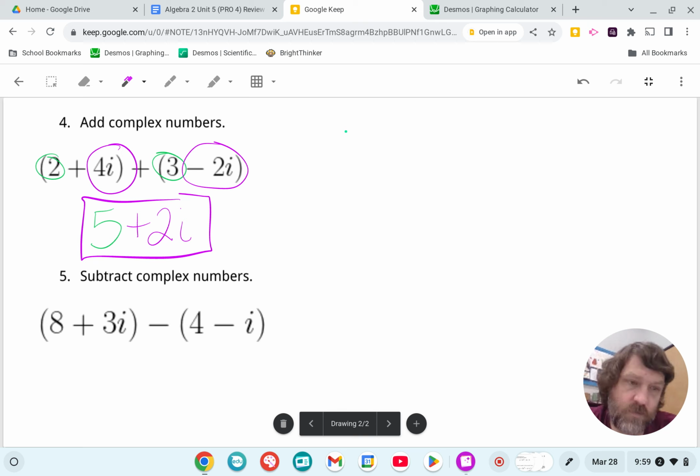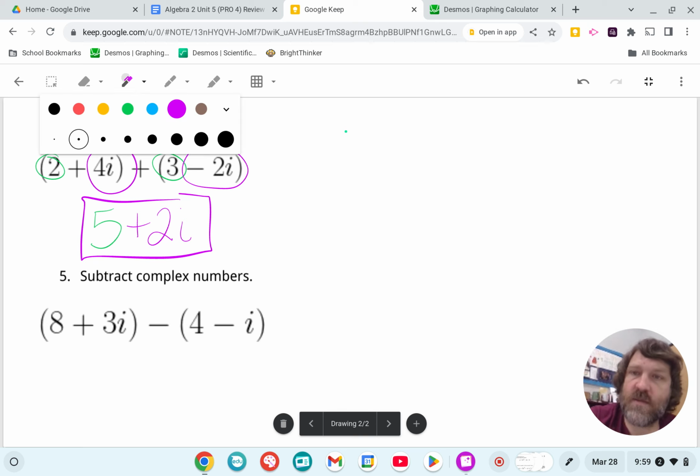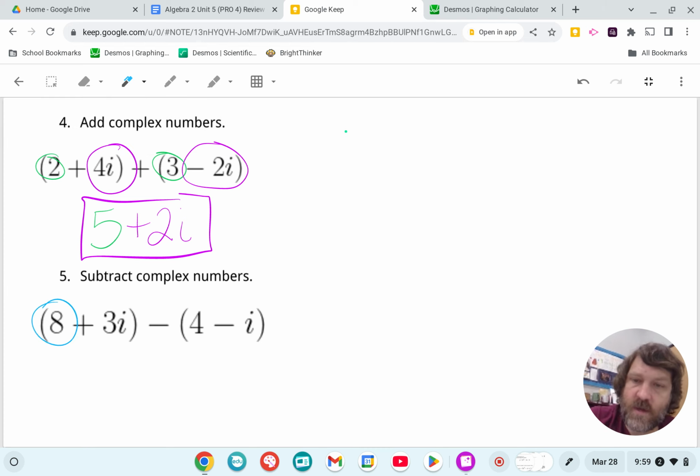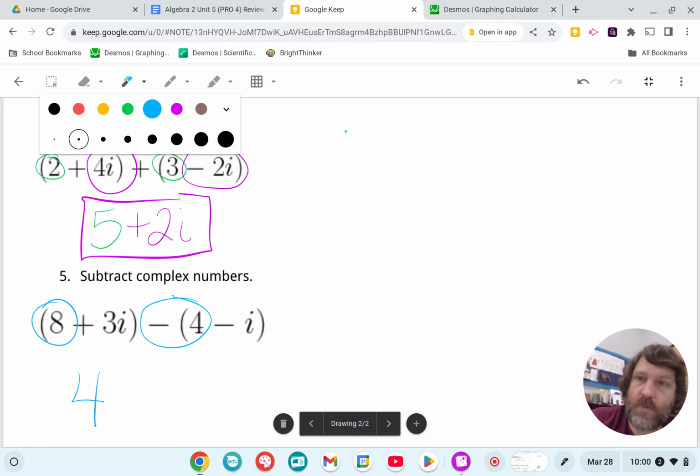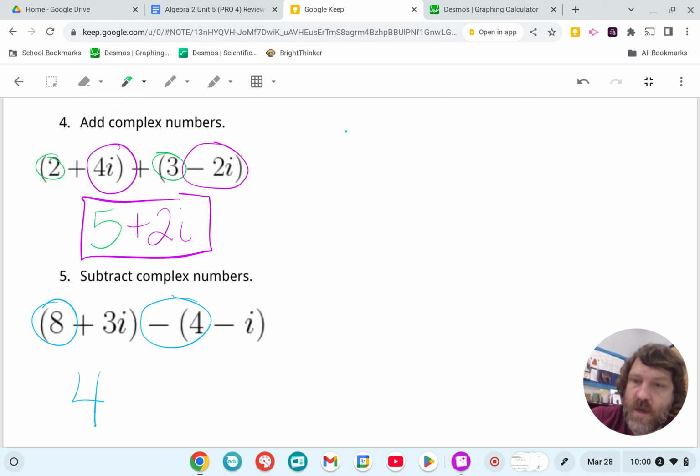Same idea with subtraction. I'm going to add and subtract the different types of numbers with each other. So the 8 is going to be 8 minus 4. So that's going to make 4. And then it's going to be 3i minus -i. So this is going to end up making it into +i, because there's a minus here and a minus here.